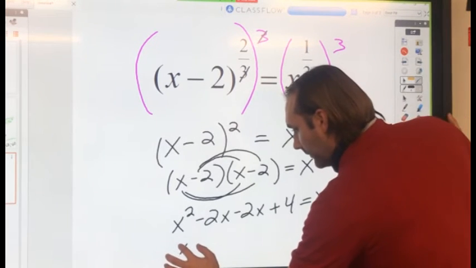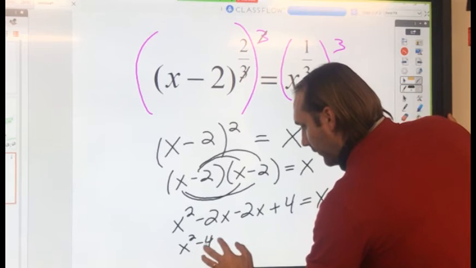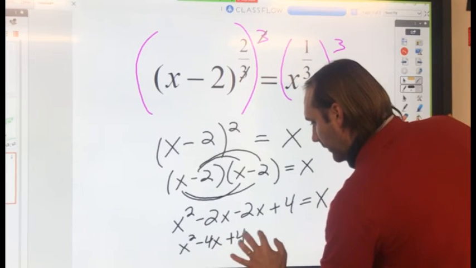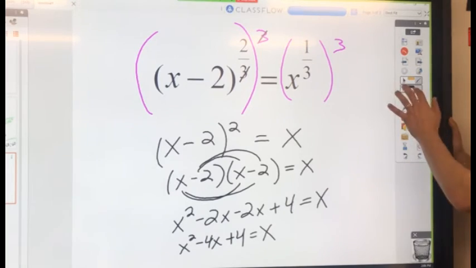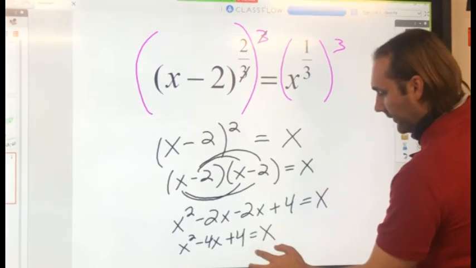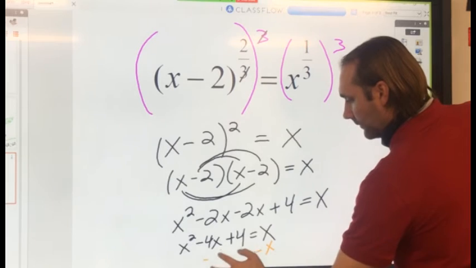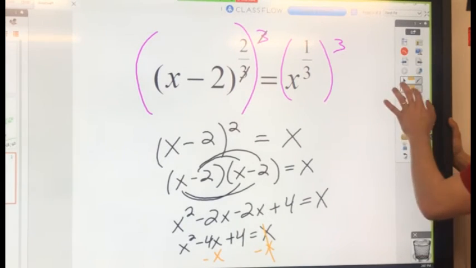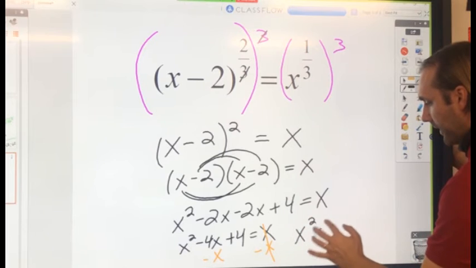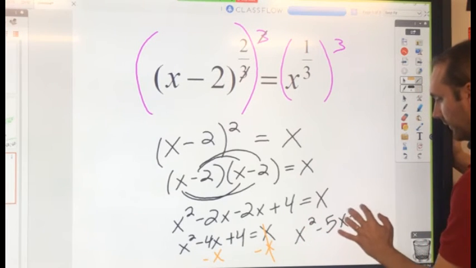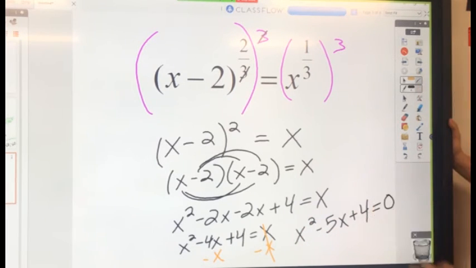So x squared minus 4x plus 4 equals x. And then after that? Bring the x from one side to the other. Yep, let's set equal to 0. So move this x over. I get x squared minus 5x plus 4 equals 0.